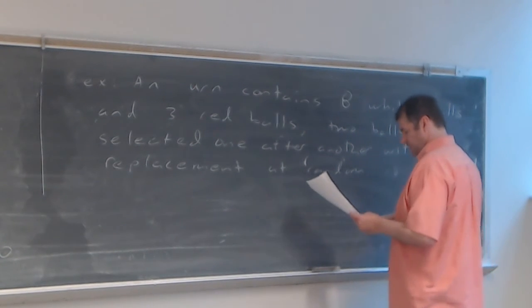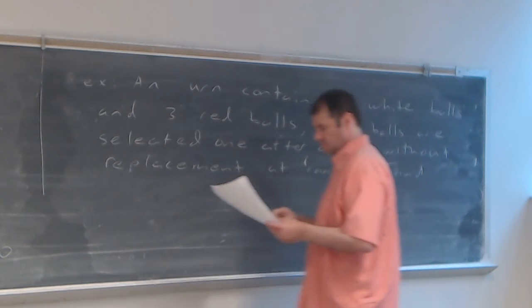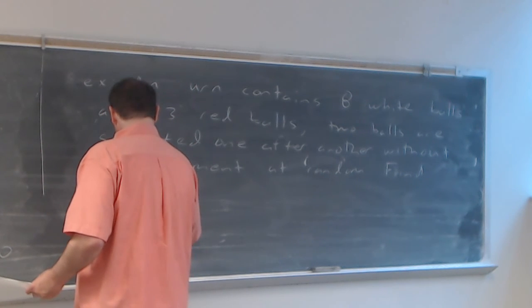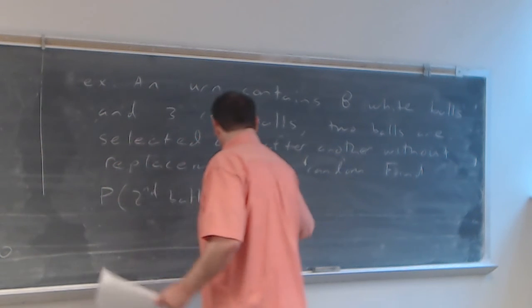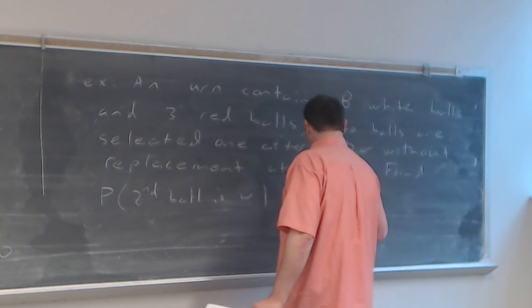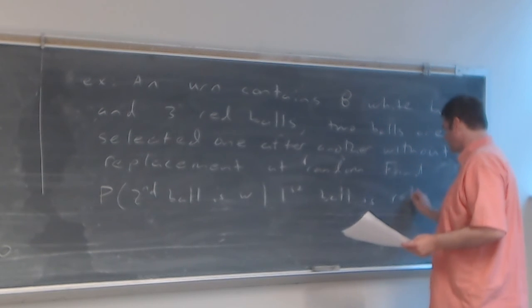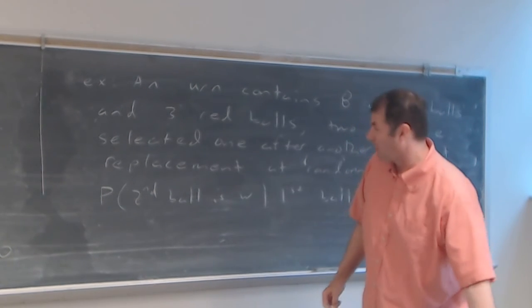So here's the question. Find the probability that the second ball is white given the first ball is red. Okay, that's our problem.